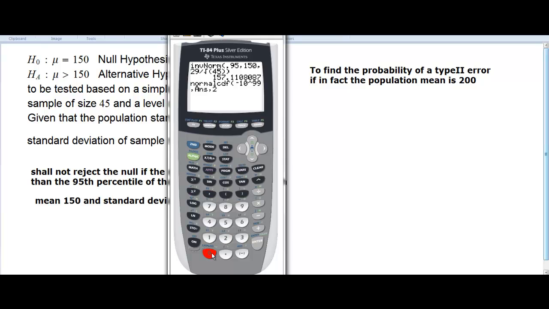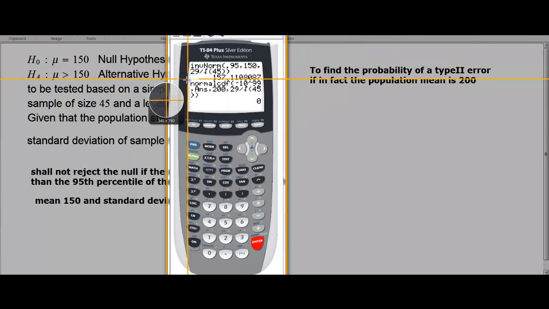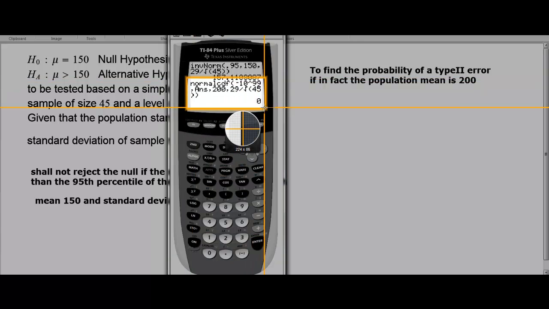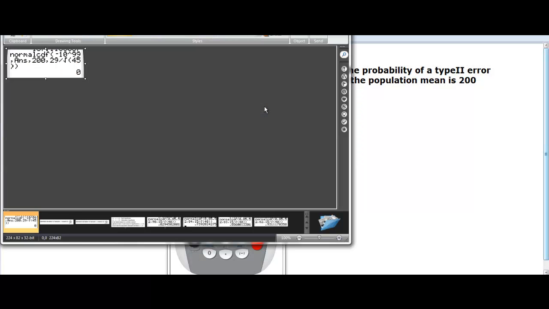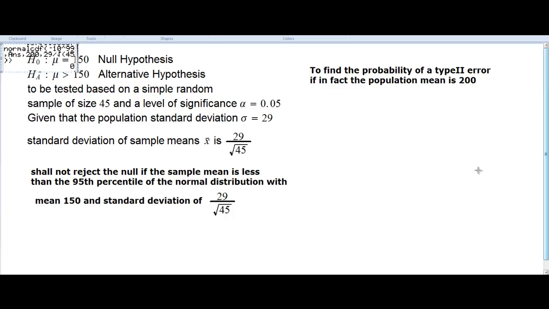And now our mean is 200, and the standard deviation, of course, remains the same. So you got this, and you can see in this case it's approximately 0. Okay, and it all depends on your level of significance, the sample size, and of course the spread of the population.